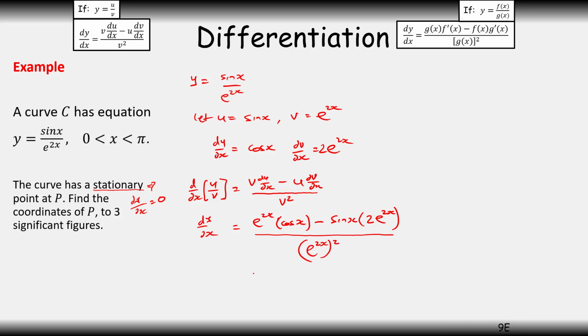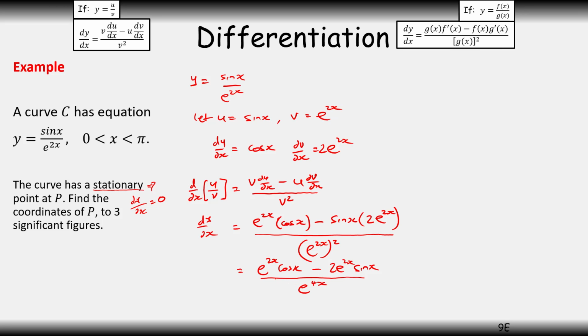squared. So let's simplify. So we've got e to the power of 2x cos x minus 2e to the power of 2x sine x, all divided by e to the power of 2x squared, e to the power of 4x.